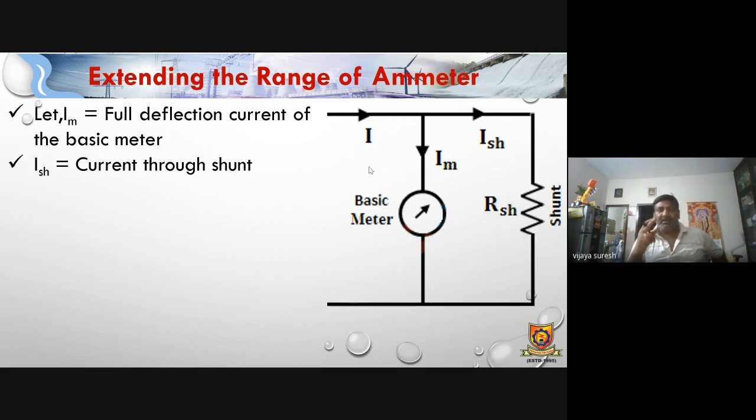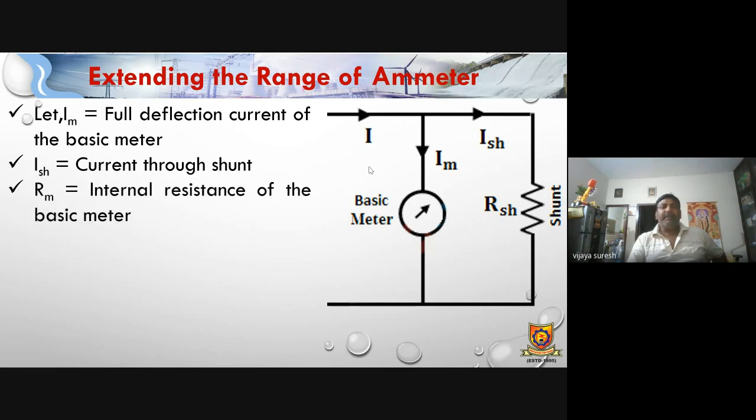Rm is the internal resistance of the basic meter, earlier I said Ri. Next, RSH is the resistance of the shunt. Im is the meter current, and ISH is the current flowing through the shunt.